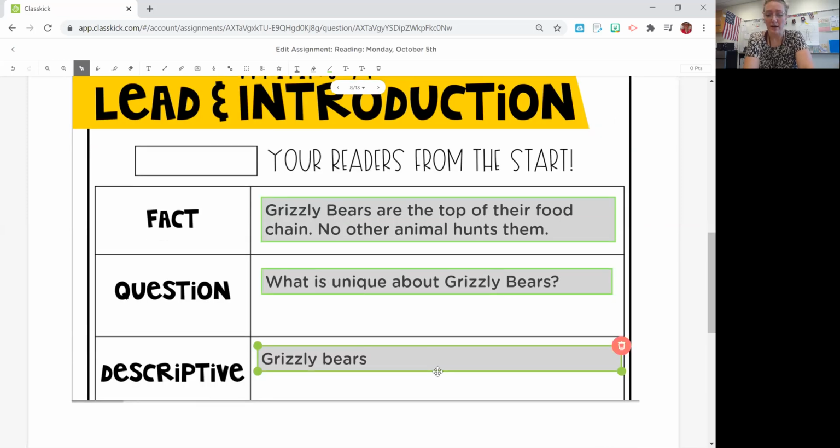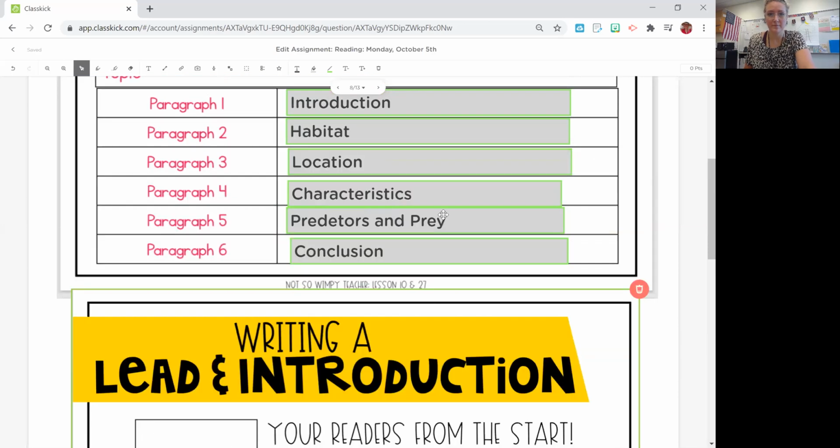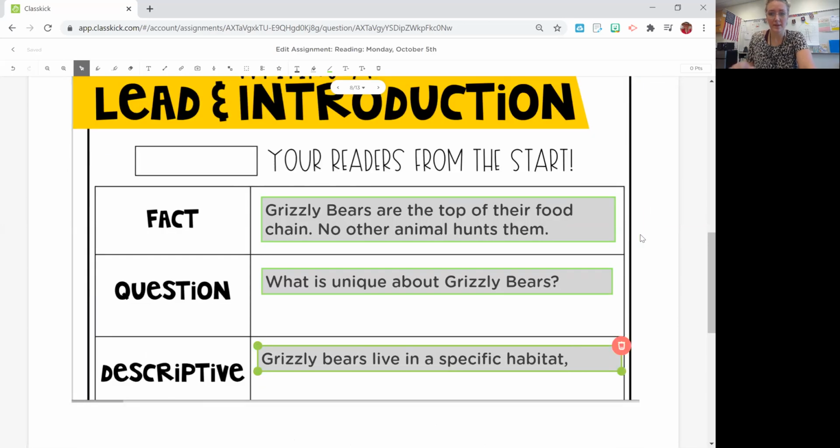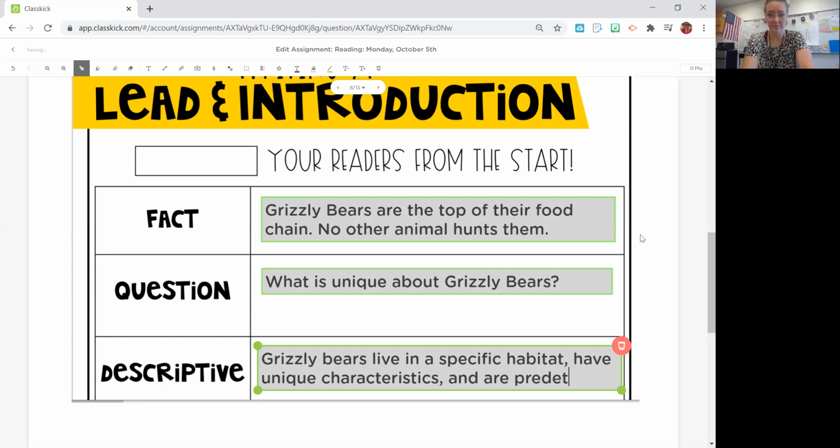So grizzly bears live in a specific habitat, have unique characteristics, and are predators.